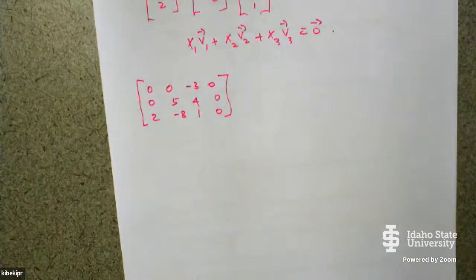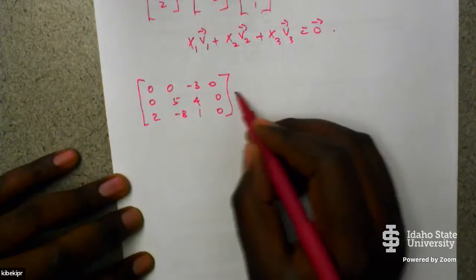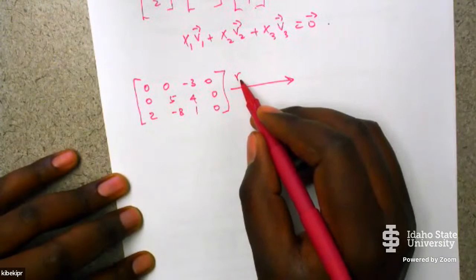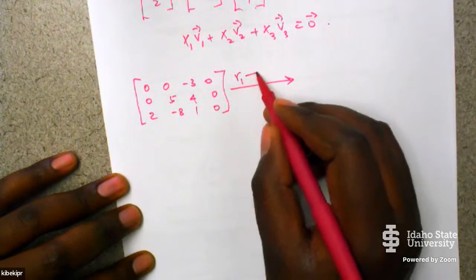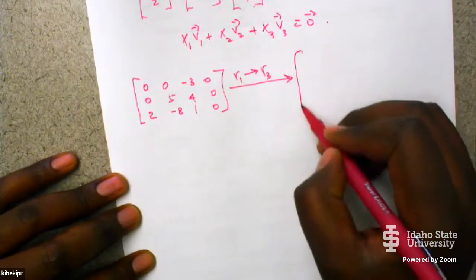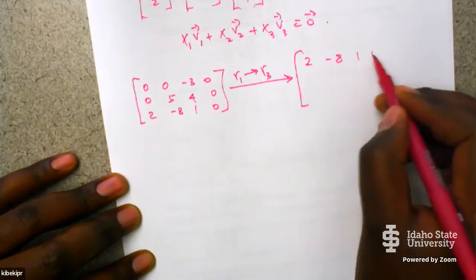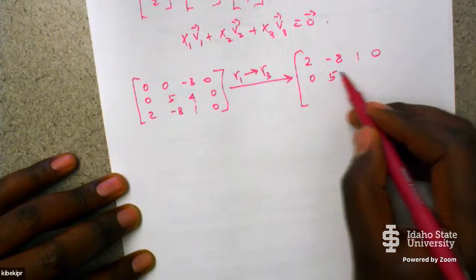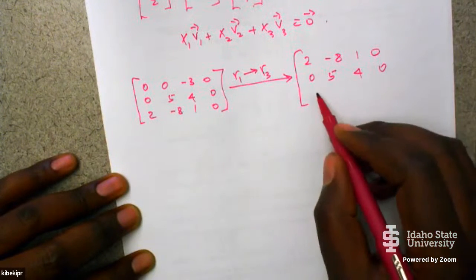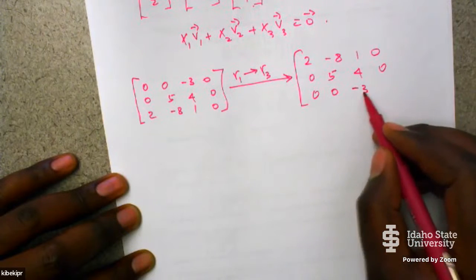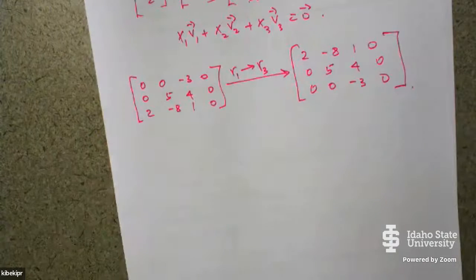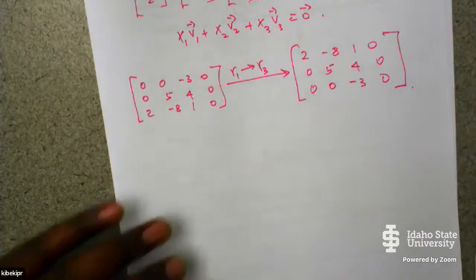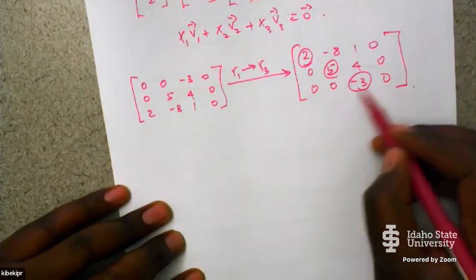So to reduce this, you need to switch R1 and R3. So when you switch, then we have 2, -8, 1, 0, then 0, 5, 4, 0, and then 0, 0, -3, and 0. Looking at this, it is already reduced, right? So we have basic variable, basic variable, basic variable.